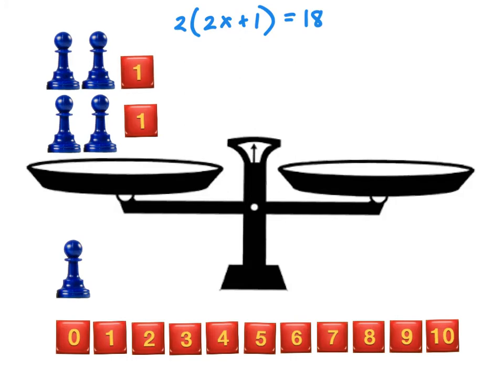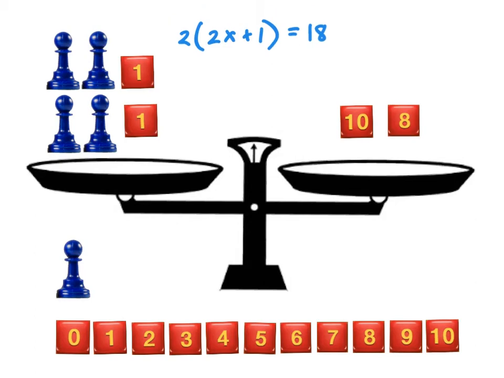And if you want to, you can group all of those together to simplify that expression. On the right-hand side, we have 18. I'm going to make that as 10 plus 8, but you can use other combinations, 9 plus 9, etc., to make 18. And remember that the distributive property says we're distributing this 2 to everything in the parentheses.